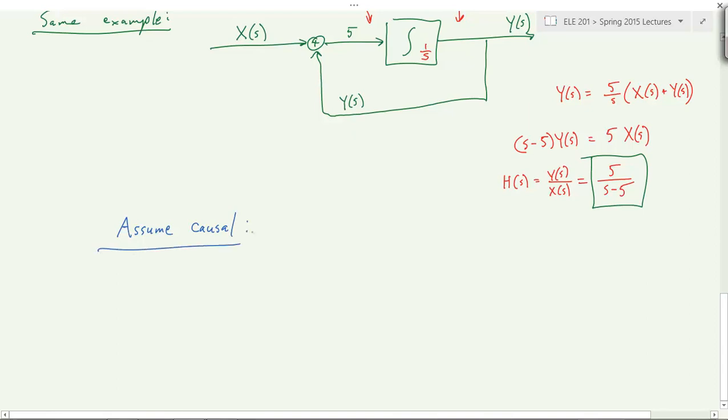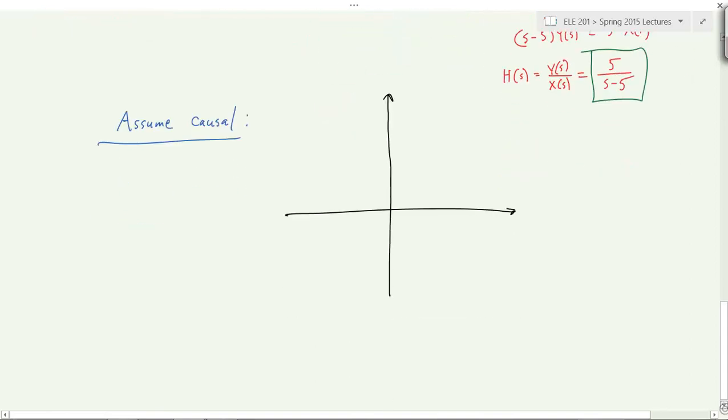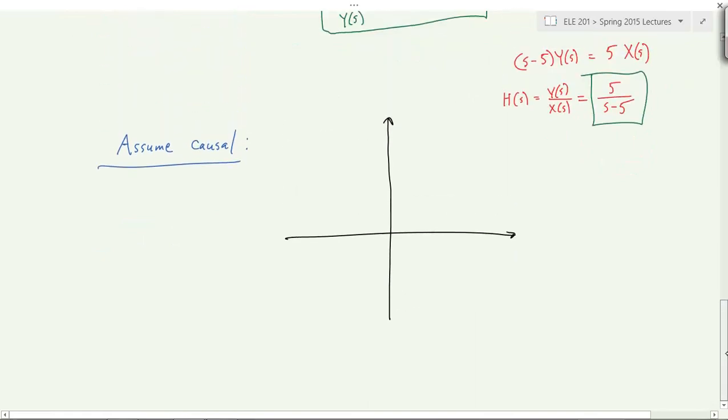So what are the poles and zeros here? Well, we have the formula. Are there poles, are there zeros, and where are they? There are no zeros. Good. So this is the real part of s, and this is the imaginary part of s. There's a pole at s equals 5.